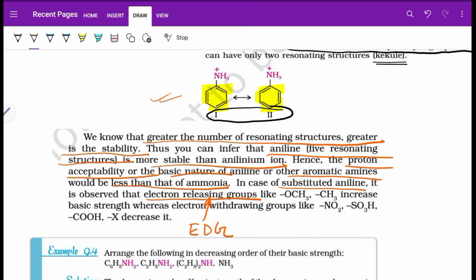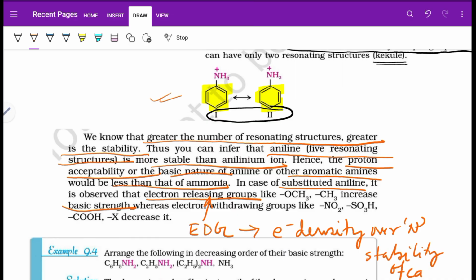It increases the basic strength, because presence of an electron donating group increases the electron density over the nitrogen atom in arylamines, for which the basicity is greater, and the stability of the conjugate acid is also greater because of the presence of the electron donating group, which reduces the positive charge over the nitrogen atom in the conjugate acid, giving it more stability.